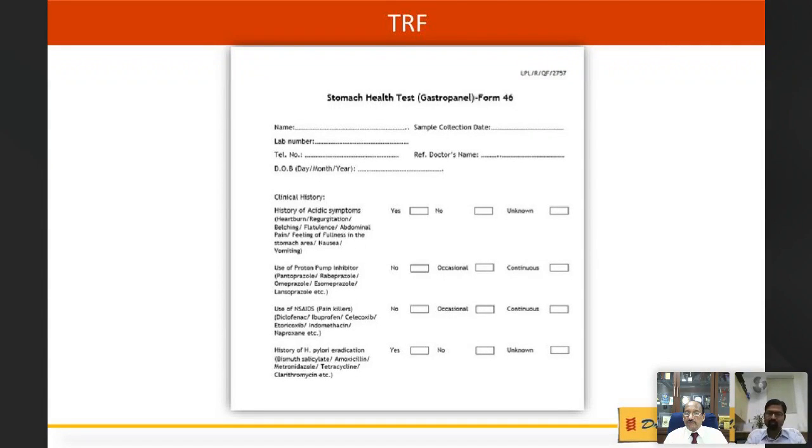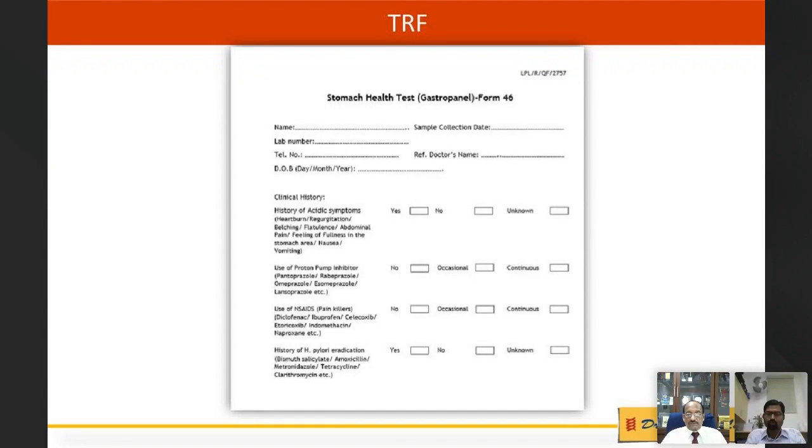And also patients, if they come themselves for this test, can have an idea about their stomach condition, their acid secretion conditions, because in India, this is a very common problem of taking over-the-counter PPIs and antacids and landing up in situations which can be hazardous to the patient.